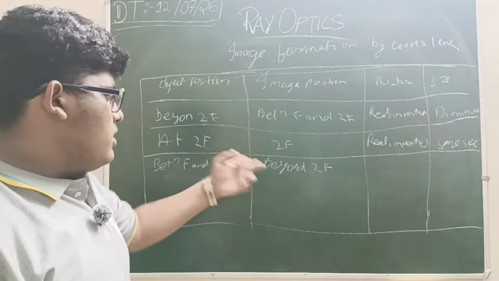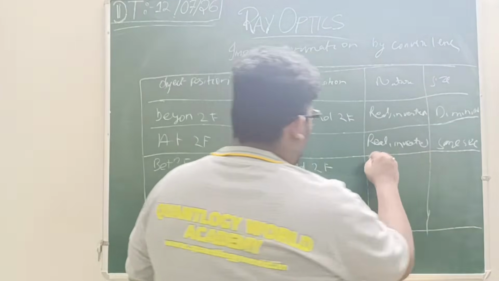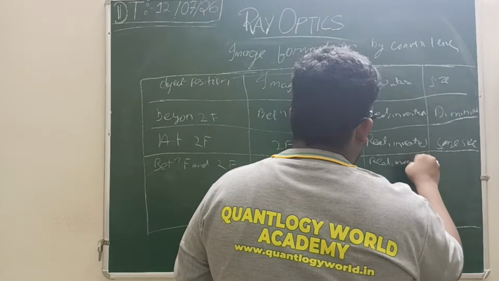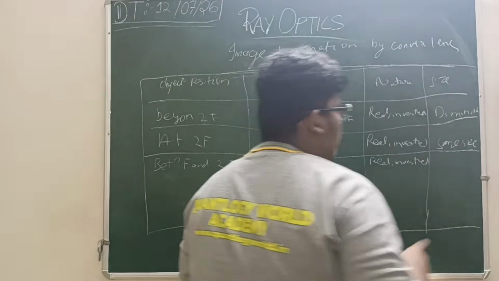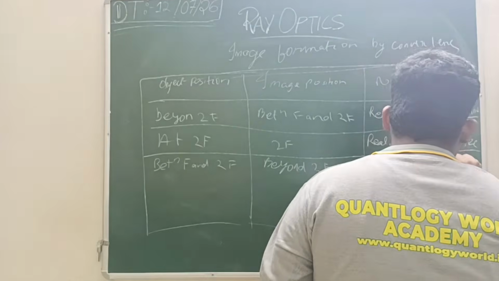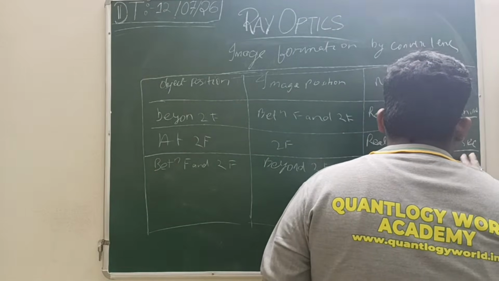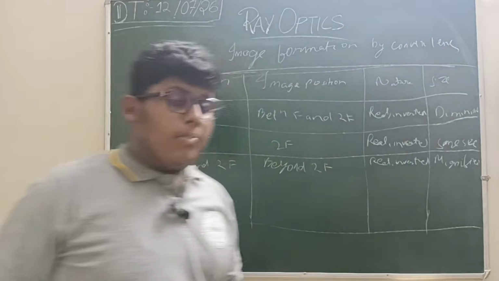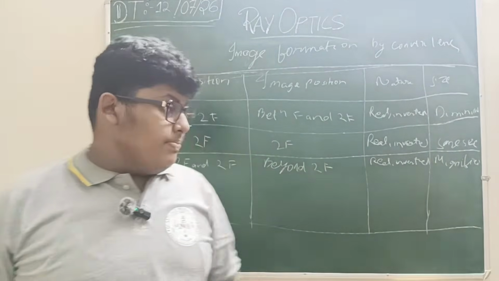This is just vice versa of the first one, real and inverted, and the size will be magnified. Means the size of the image will be much more than the size of the object.